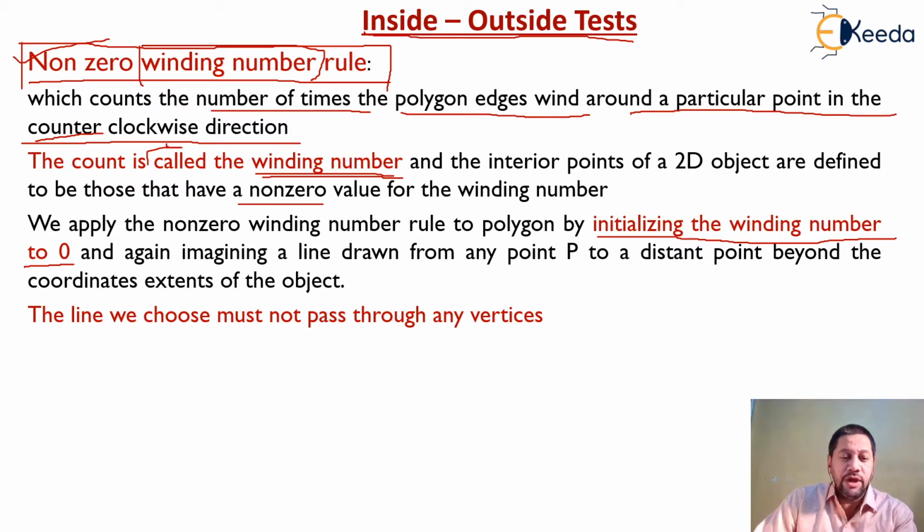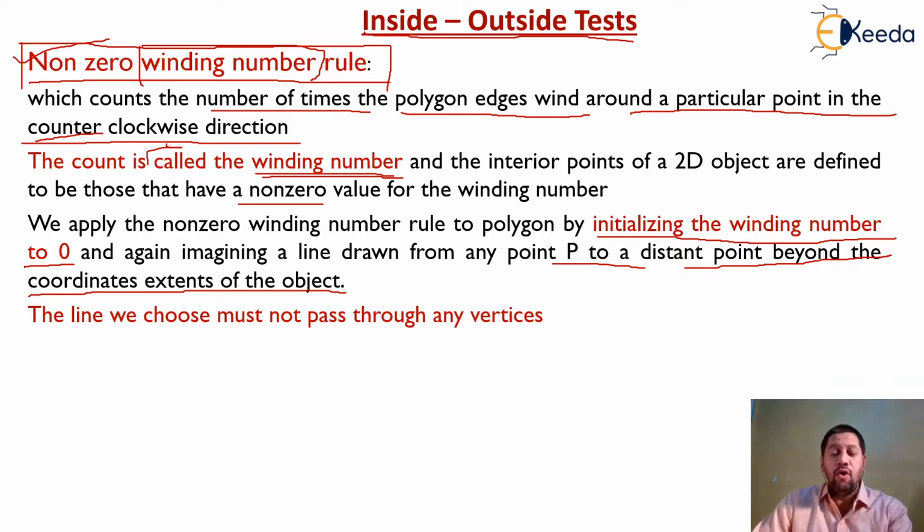And again, imagine a line drawn from the point P to a distant point beyond the coordinate extents of the object. This is the same as we have done in the odd even rule. Draw a line starting from the point P, which is inside, moving to the outside of the polygon.